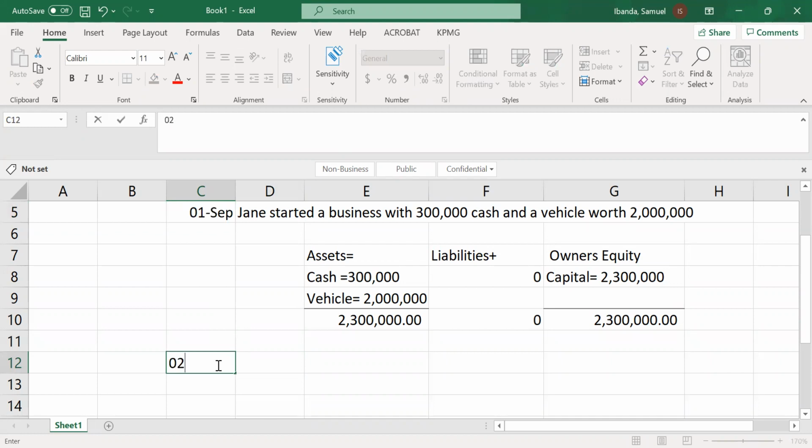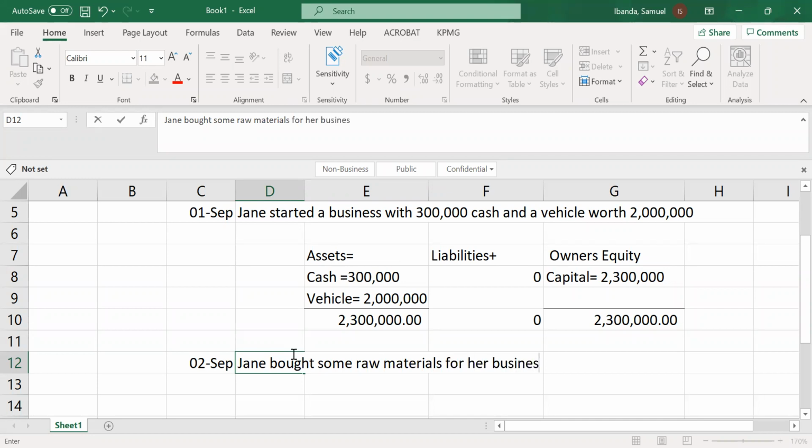So let's do something on 2nd September. On the 2nd day, Jen bought some raw materials for her business worth 100,000.